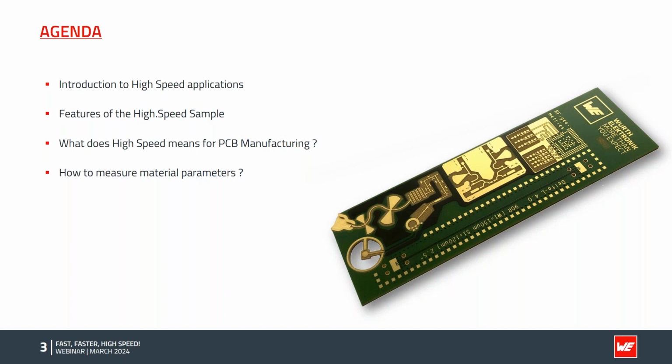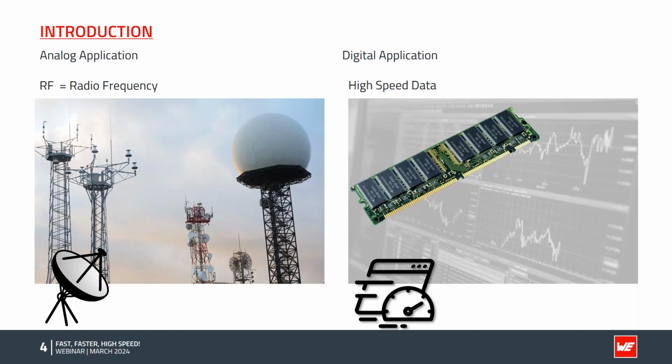Also, we will go through what high-speed means for PCB manufacturing, what special points there are during production and planning of such a project. And very important, how to measure material properties with different measurement devices so that we can use the values for improving the design. So let's jump right into it.